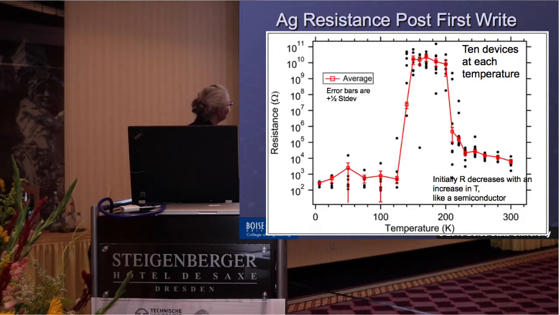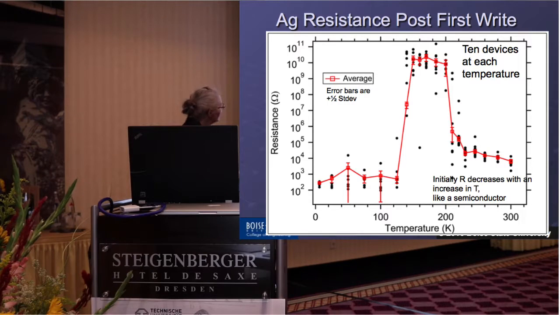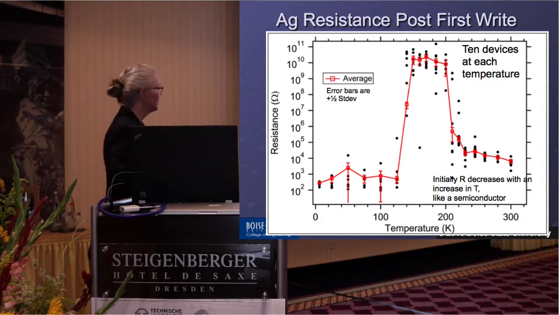And as you do this, you reach a point around 200 Kelvin where you're writing the device, it looks like you are because you're switching, but your resistance doesn't hold. So when you read it, you get something that's high resistance again. And then you reach a temperature around 125 or so, where it starts to write again, apparently. But what it's doing is breaking, it's being ruined.